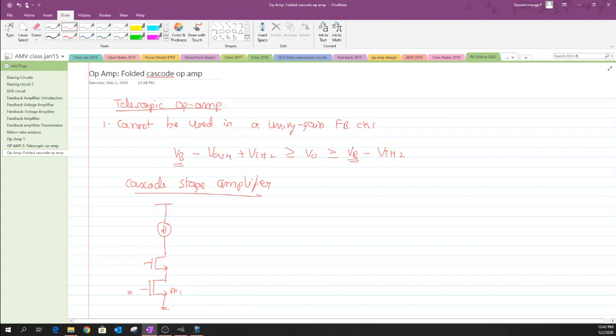The transistor M1 acts as the input device, and the transistor M2 acts as the cascode device, and the output is tapped across the drain of this M2 transistor.